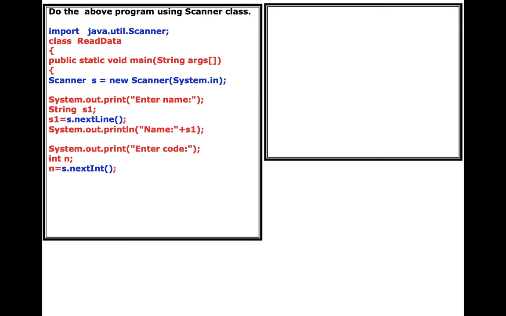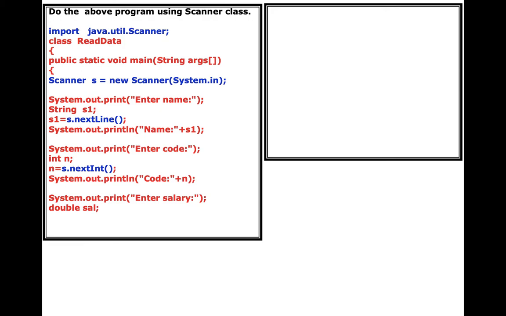Look carefully at the spelling of nextInt and nextLine, and remember the naming convention: methods start with lowercase and the next word starts with uppercase. nextInt is a method to read an integer. So from here onwards, if you want to read an integer, you should write s.nextInt().